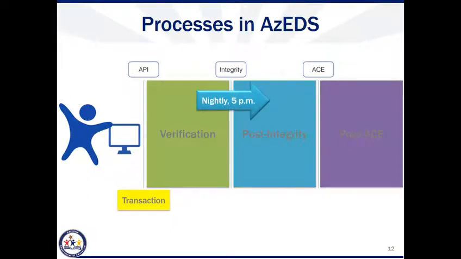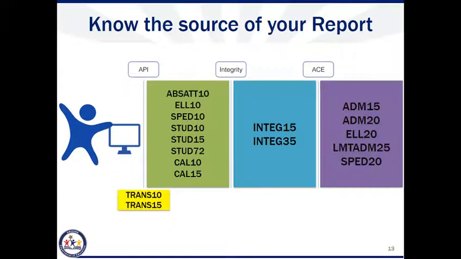Integrity runs every single night at 5 o'clock, and it takes about an hour or two for all data for the entire state to run through the integrity process. Once integrity is done, ACE picks up, and that happens every single night. As a result of that, a report is generated. We don't touch your data without a report being generated, so that you know exactly what happens to your data.